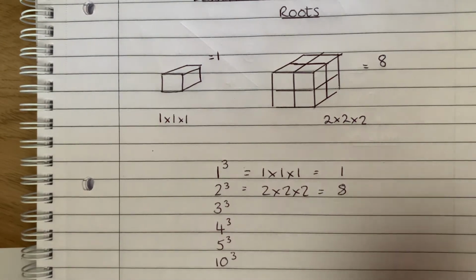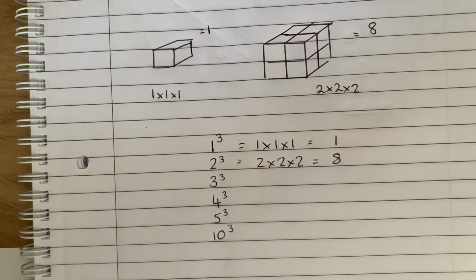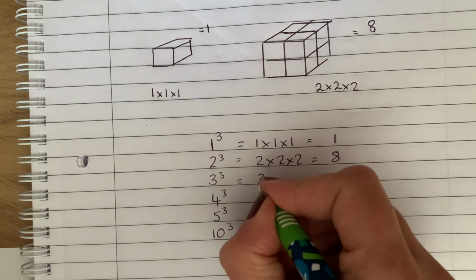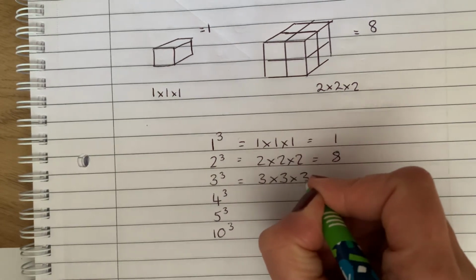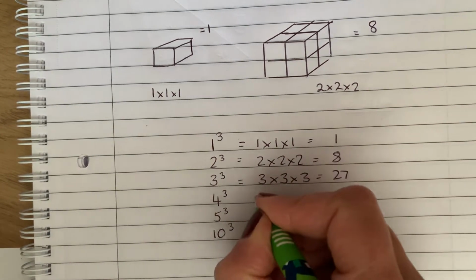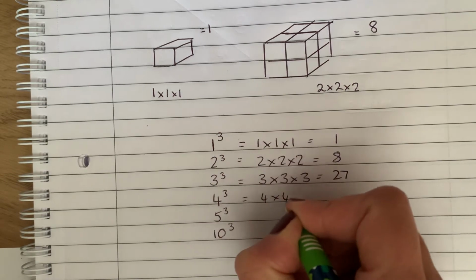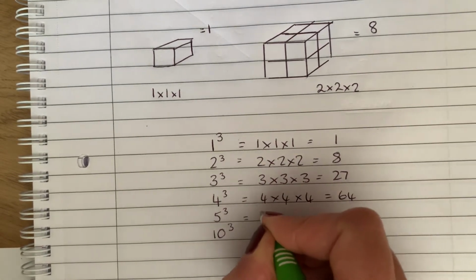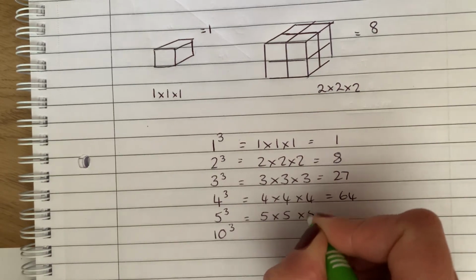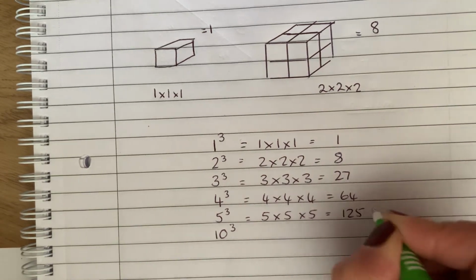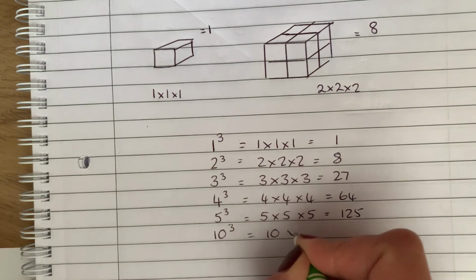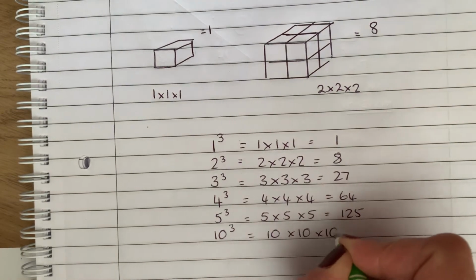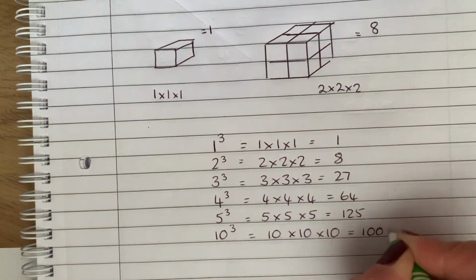Don't worry, you don't only have to know them up to those: 1, 2, 3, 4, 5, and 10. So 3 times 3 times 3 is 27. 4 times 4 times 4 is 64. 5 times 5 times 5 is 125, and 10 times 10 times 10 is 1000.